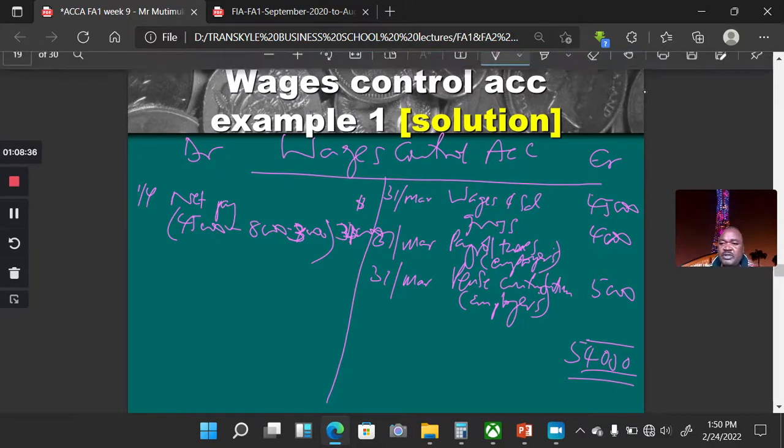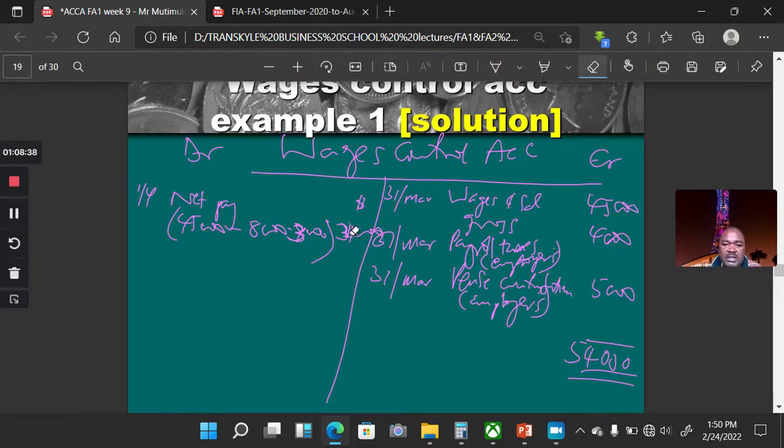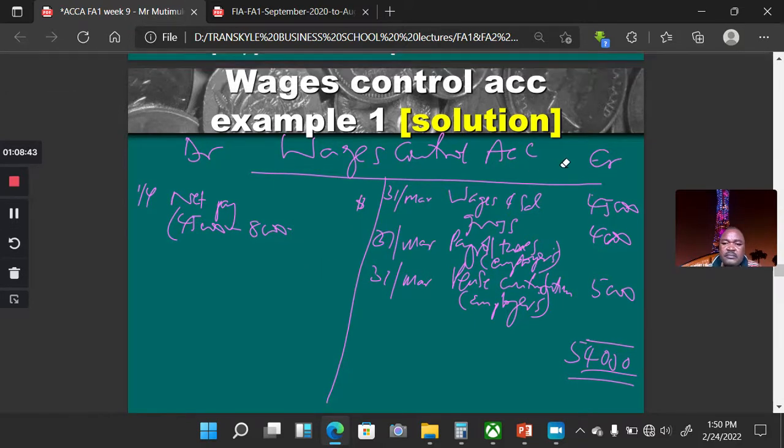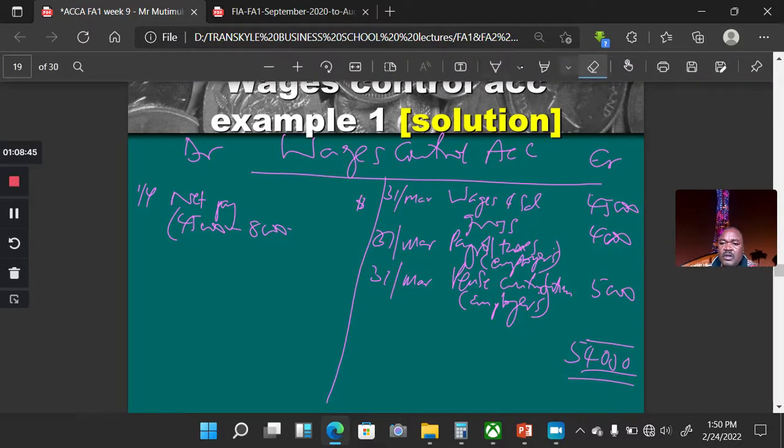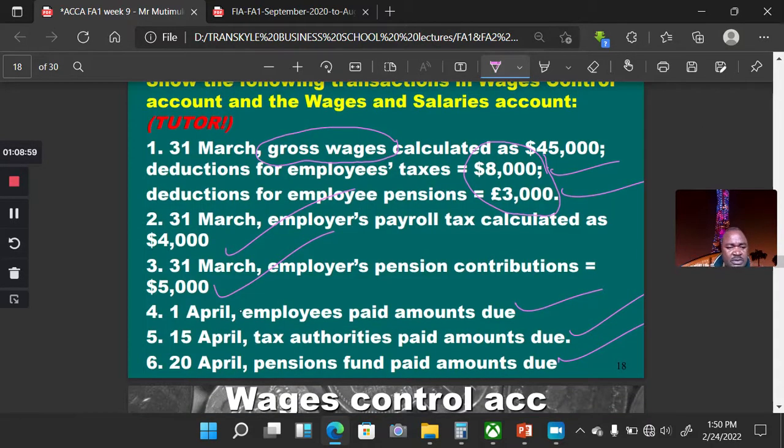Let me try to use the eraser. So that's 3,000, so we get 34,000. And then on which date did we make the payment?